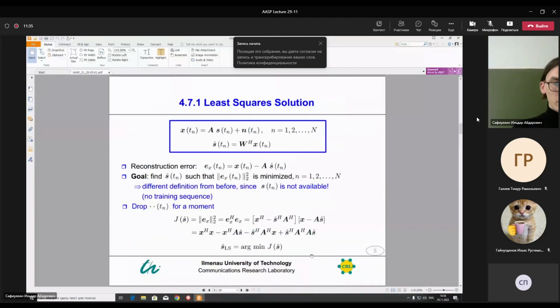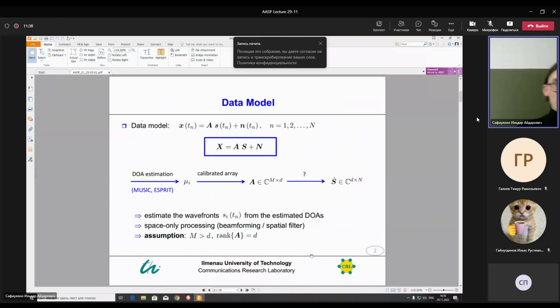Slides 1 up to 15. First, our data model. Here we have the matrix of measurements X, which is equal to the array steering matrix times the matrix of signal sources plus our additive white Gaussian noise matrix. Here first we estimate directions of arrival.